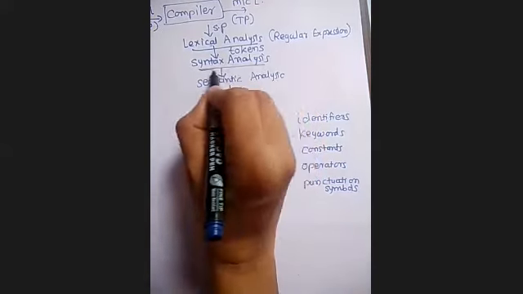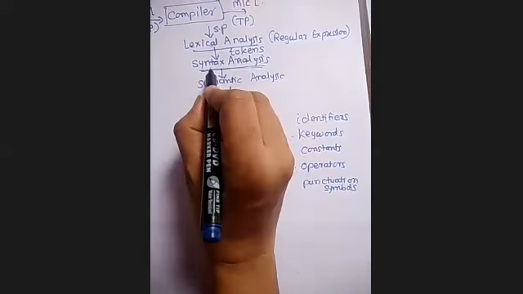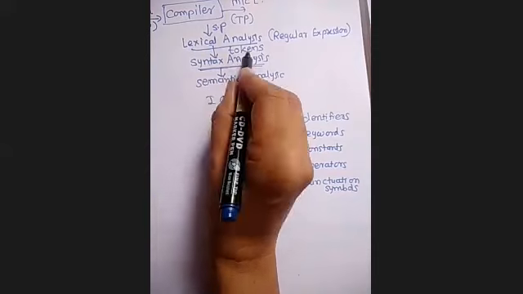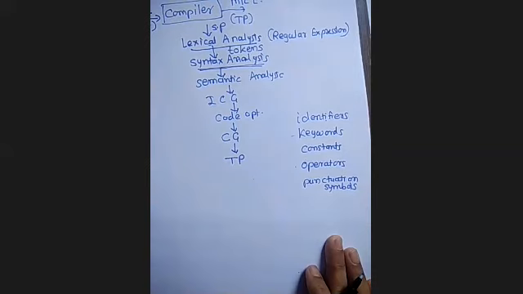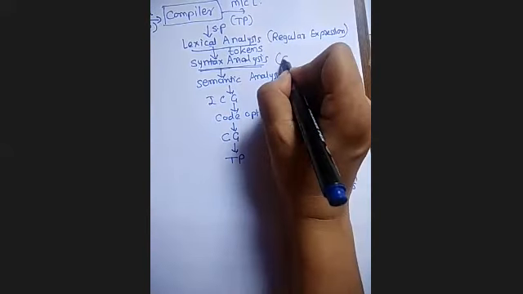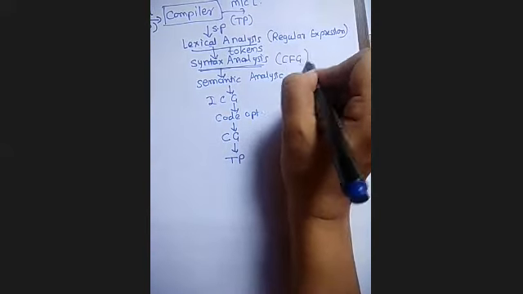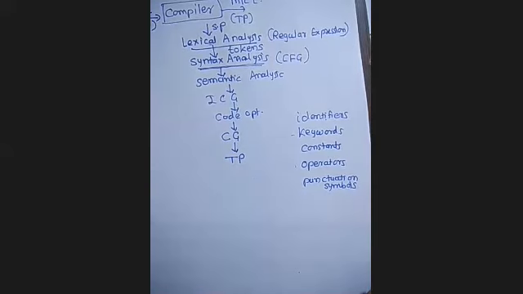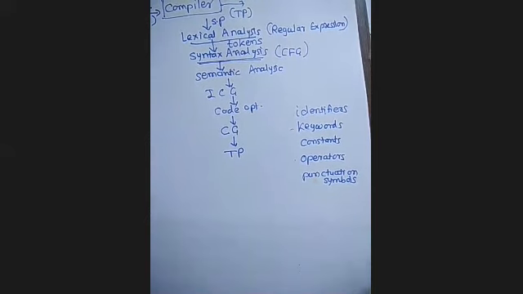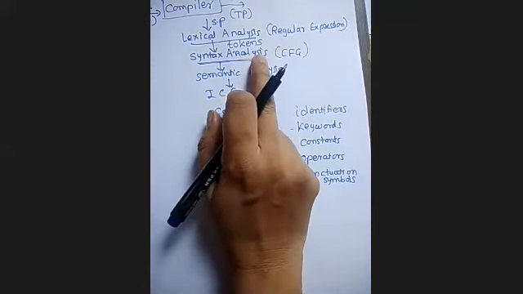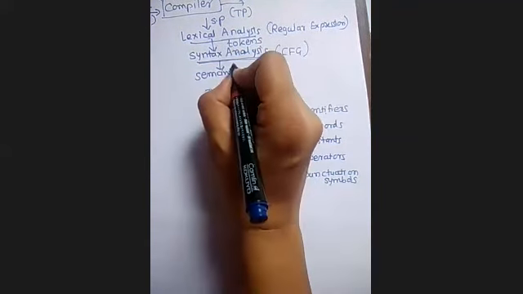As the name indicates, it will check the syntax of your input, whether your program is syntactically correct or not. And for that purpose, it uses the context-free grammar. So the second phase of the compiler uses context-free grammar to check the syntax. And if your input is syntactically correct, then it will generate the output as a parse tree.